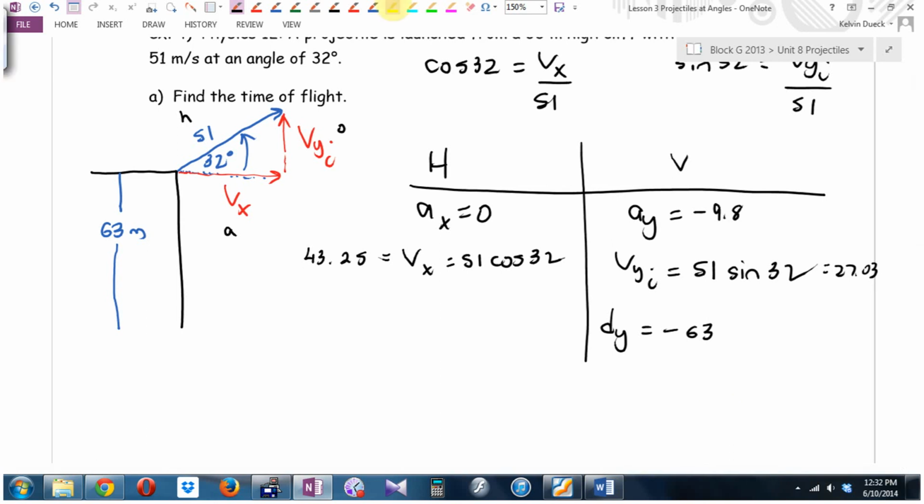It would be that, right there, but it's going to keep going till it hits the ground. So, in fact, I can tell you that Vy final is going to be less than negative 27.03. It's going to be like negative 30 or negative 40, a negative number further from 0 than negative 27.